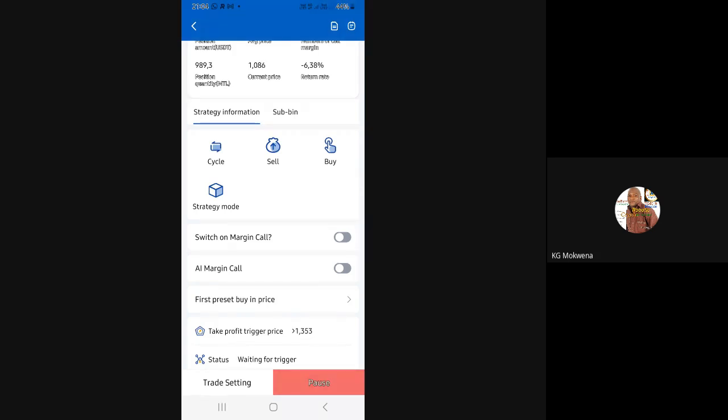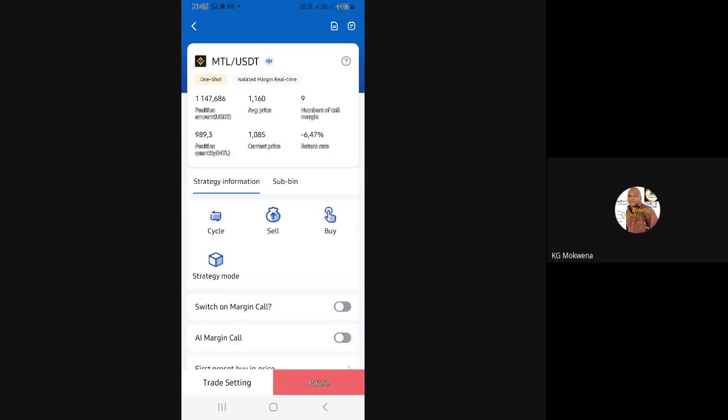what will happen is now this. Just show us a little bit on top. We want to see the average price of the whole position. Business partners, you can say that for this market, for that minus 6.55%, the return rate of the whole position to be cleared, the market must rise to 1.160 cents. That is $1.160, so to speak.